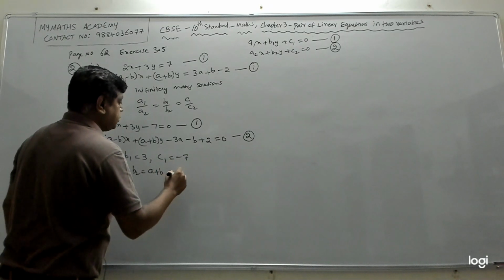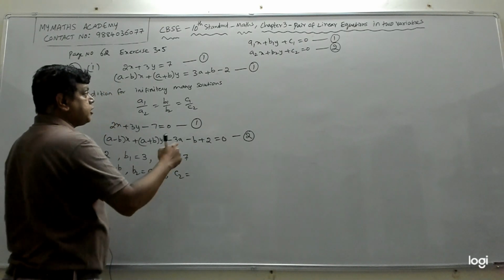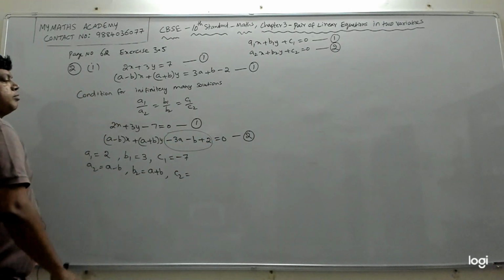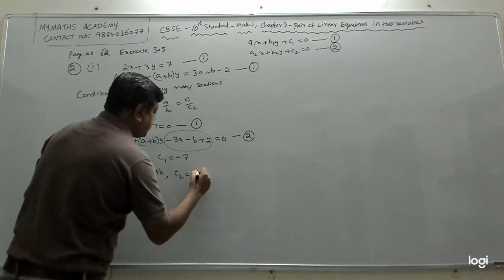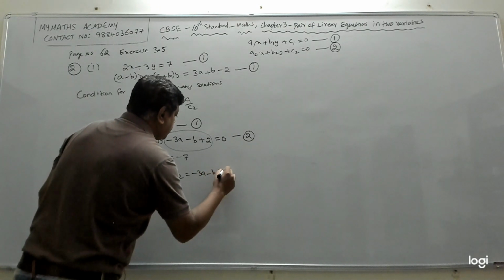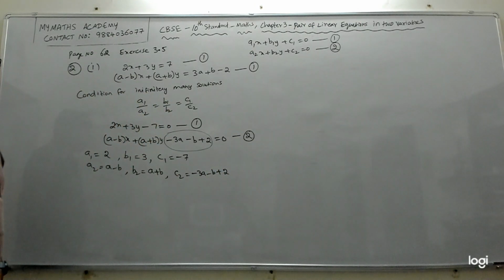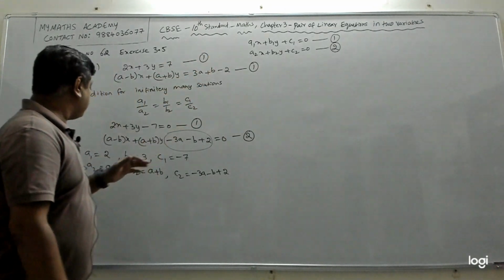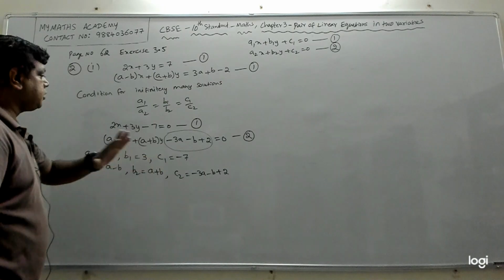And c2 is the entire remaining expression: minus 3a minus b plus 2. Clear? So you need to compare this with this and write a1, a2, b1, b2, c1, c2.